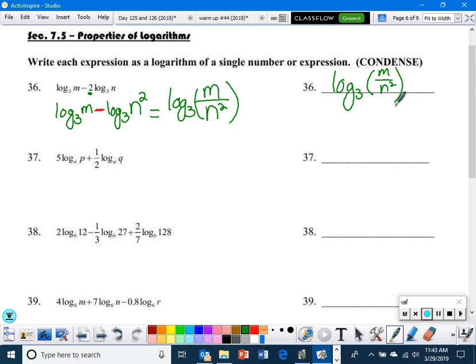Number 37. So again, the first thing I'm going to do is the power property, so I need to take care of the 5 and the 1/2.